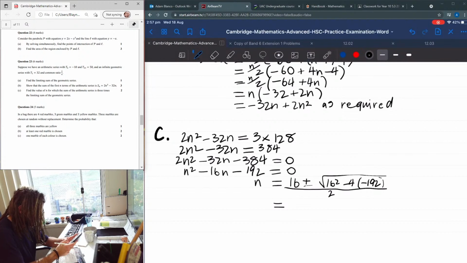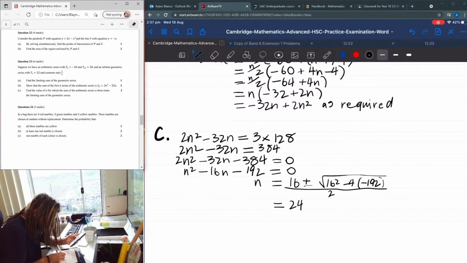Now, 16 plus the square root of 16 squared plus 4 times 192, on 2, that's 24. Oh yeah, of course, it's a nice number. And then I'll do the minus case, that's minus 8. What was the whole point of this?